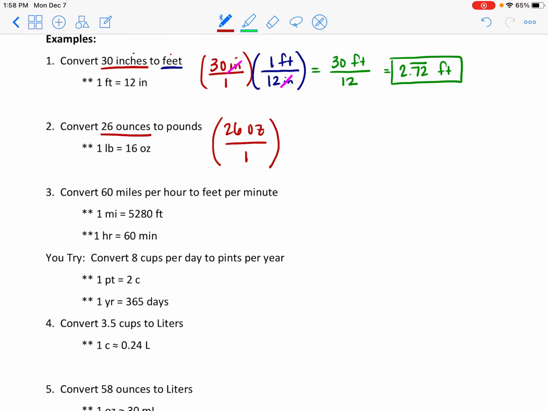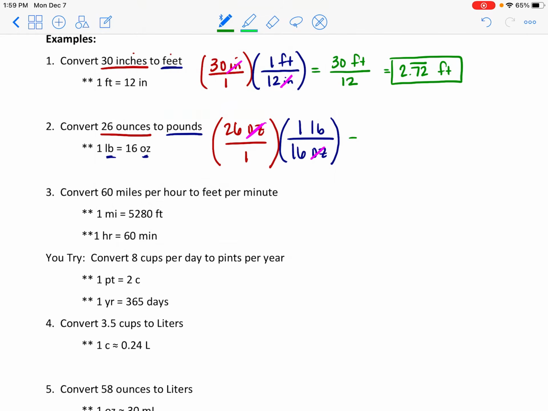I'm going to multiply by a unit fraction that connects ounces and pounds, which this does. 1 pound is 16 ounces. So when I write my unit fraction in here, since I'm trying to get rid of ounces, the 16 ounces will go here, and the 1 pound, pound is abbreviated LB, goes here. And that way, again, the ounces are across from each other and they cancel.